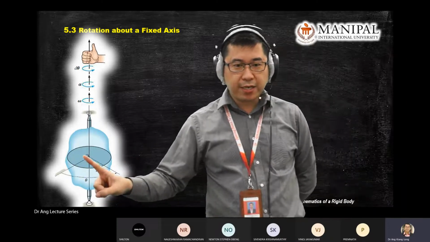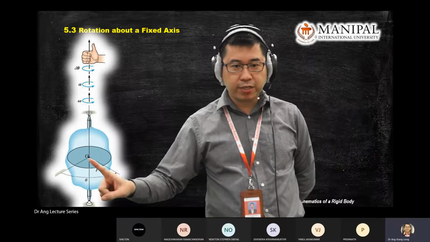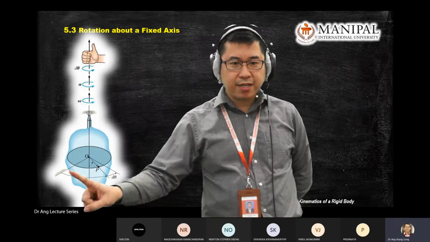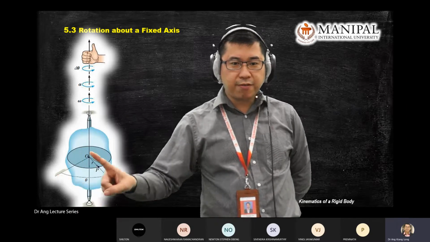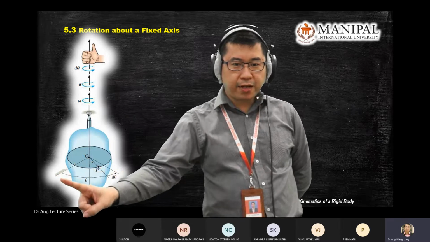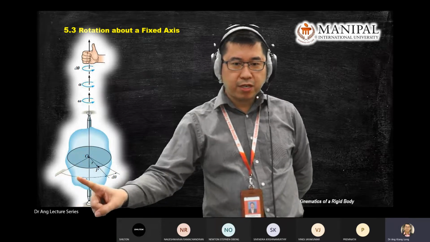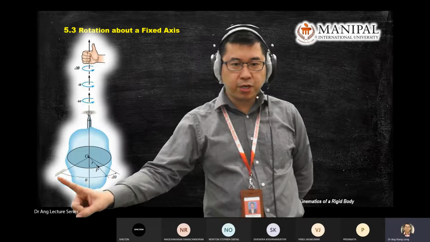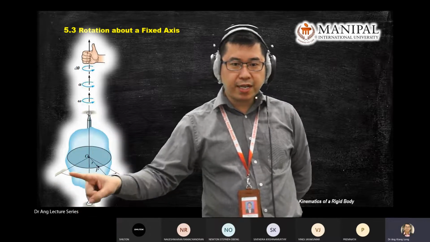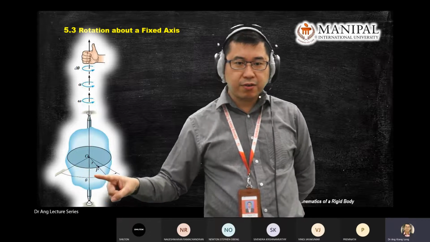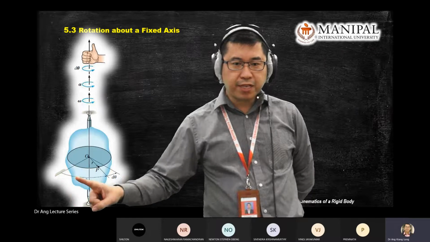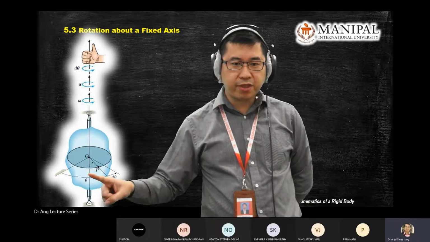When you talk about rotation, you talk about angle. So there must be a starting point for rotation. If you go back to the origin O here, there's a line here. There's a reference of angle. You start from this line, and you measure from this line to the point P, following your fingers in the anti-clockwise direction from the reference line to P. This is the positive angle we label as theta.